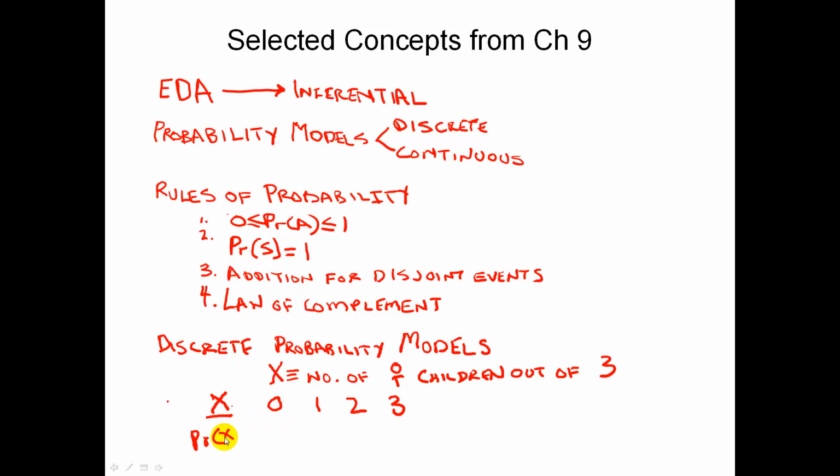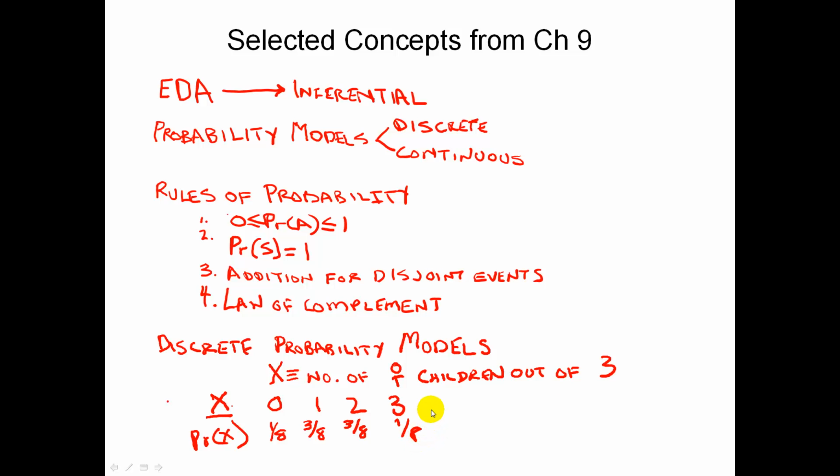And the probability of seeing each one of these outcomes is respectively a 1 in 8 chance that we have 0 females in the 3 siblings, a 3 in 8 chance that we have 1 out of 3, a 3 in 8 chance that we have 2 out of 3, and again a 1 in 8 chance that we have 3 out of 3. Now how this is calculated is not important for now, because we're just going to work with these probability models as opposed to derive them.